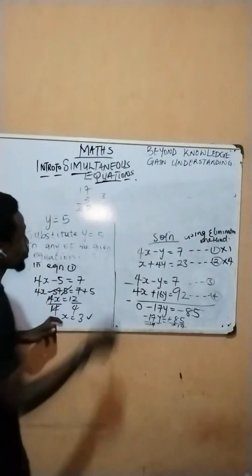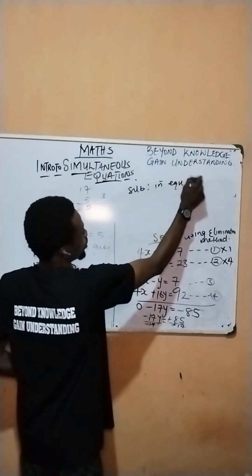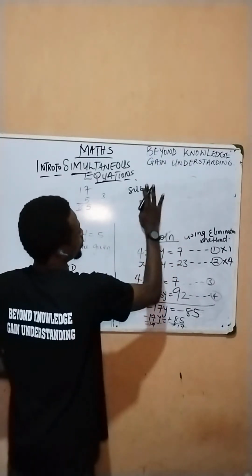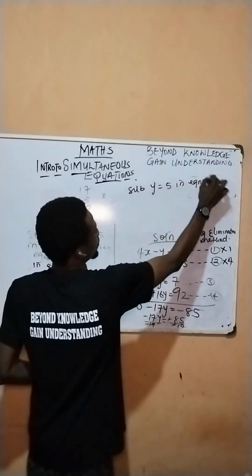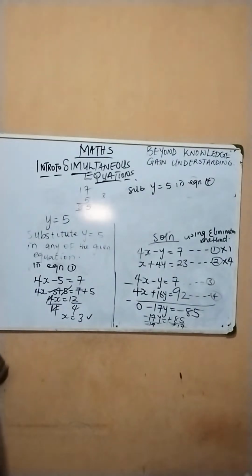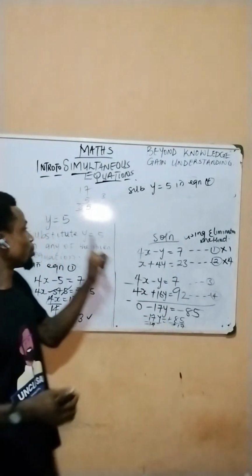So substitute y equals to 5 in equation 4. Let's do that and see what that results. So this is our equation 4, and anywhere we see y, we'll replace it with 5.